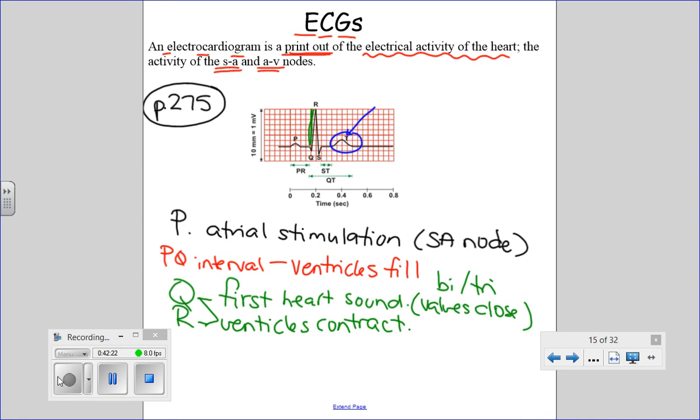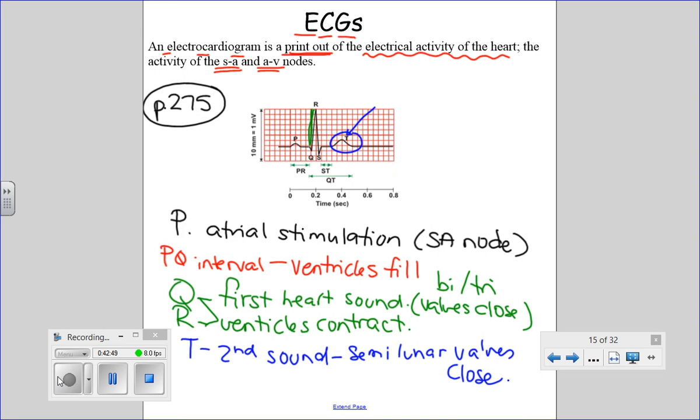This is where you get your second heart sound. So you'll notice in your textbook, it's showing you a little noise underneath. That's your second heart sound. This is when now your ventricles have relaxed and the semi-lunar valves close.